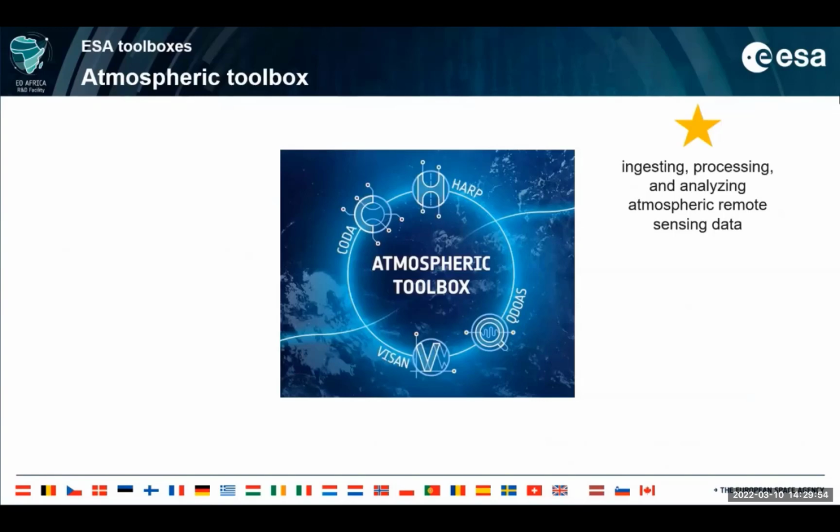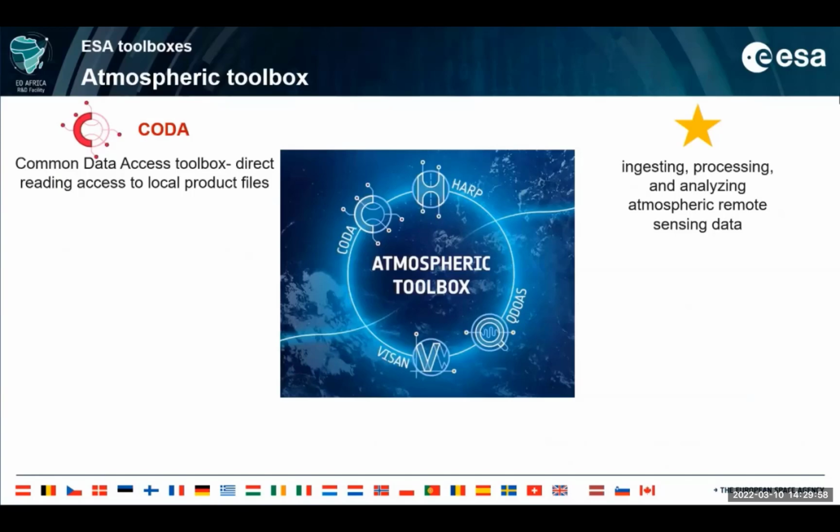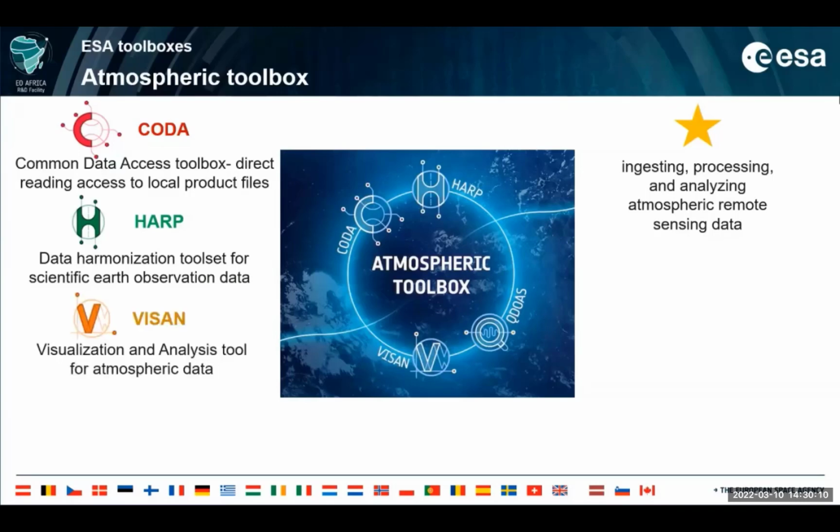The toolbox consists of several software components: CODA for direct reading access to product data, HARP for ingesting, processing, and intercomparing satellite or model data against correlative data, VISAN for visualization and analysis application for atmospheric data using Python, and DUAS to perform DUAS retrievals of trace gases from spectral measurements.